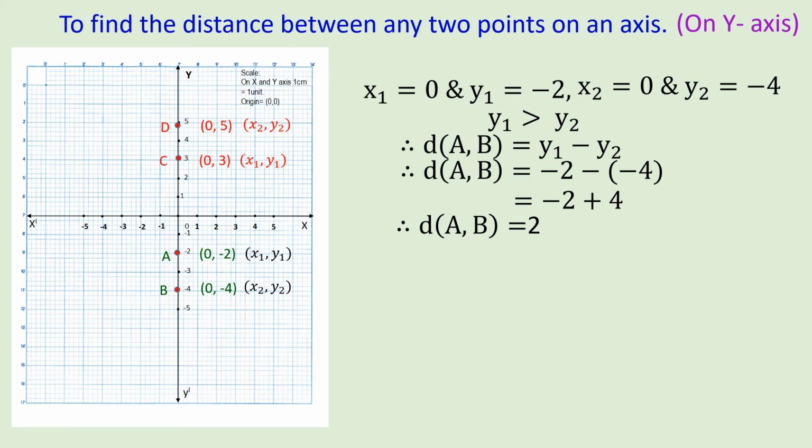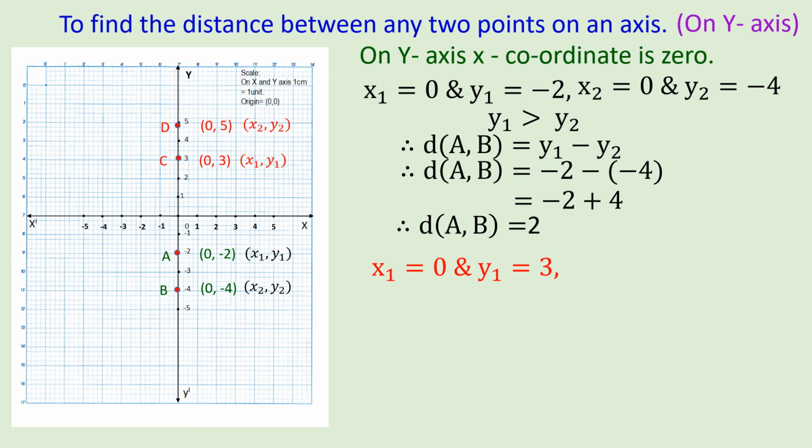Both are lying on the y-axis, therefore their x coordinate will be 0. So from point C, x1 equals 0 and y1 equals 3, and from point D we have x2 equals 0 and y2 equals 5.